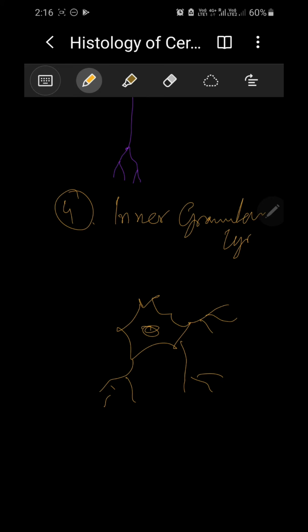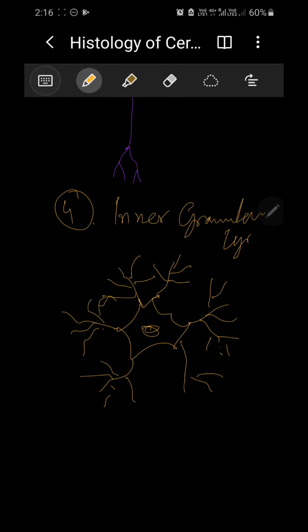Remember why these dendrites are called spiculated? They are called spiculated because they have ramifying, branching dendrites like this. So they are spiculated dendrites. And why the granular cells? Because they have a granulated appearance, right? So these are the cells which form the inner granular layer.